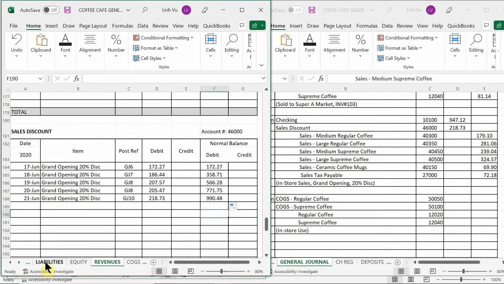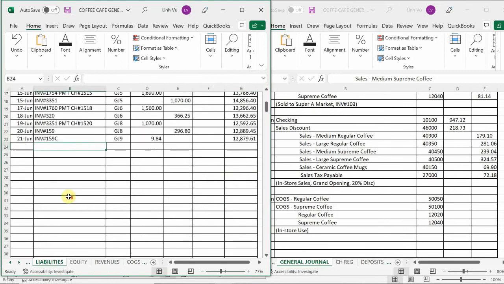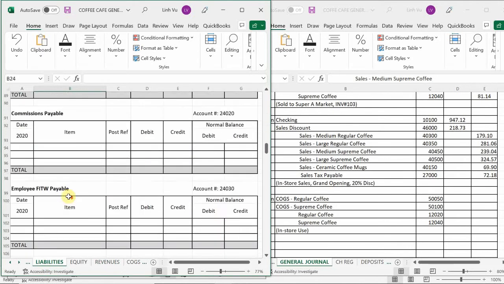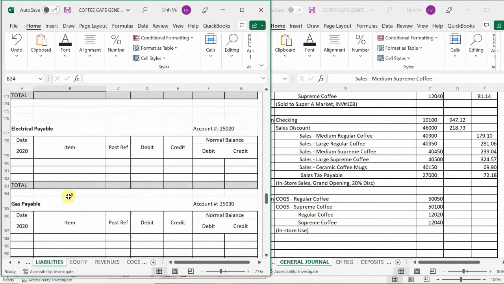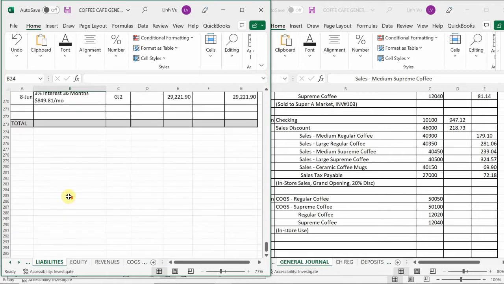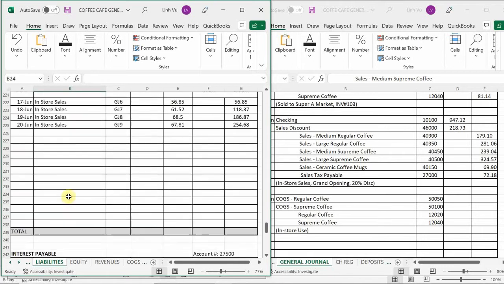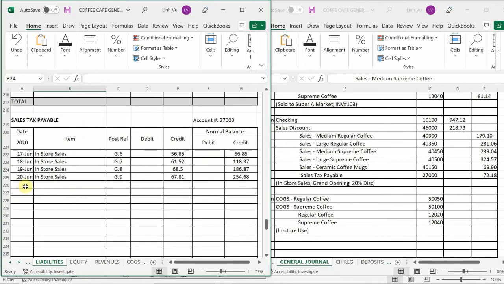Okay. We'll go into our sales tax payable. Liability, sales tax payable. And that is 72.18.